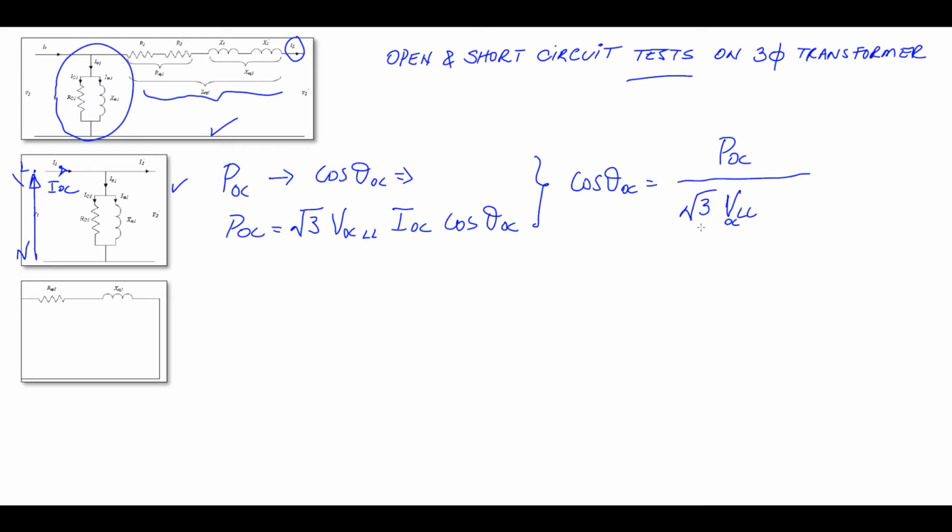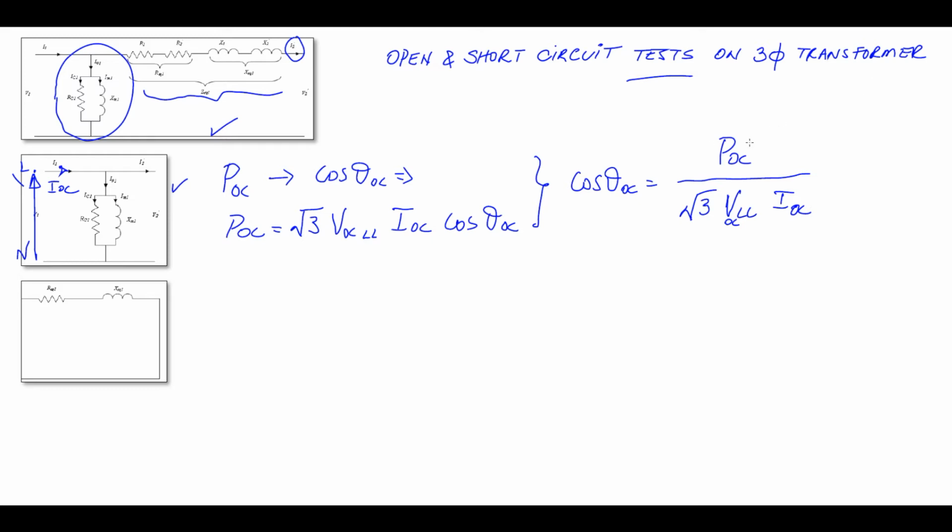The wattmeter used in this experiment will show us both quantities, line to line and line to neutral. So we select line to line, and times the current at the open circuit.